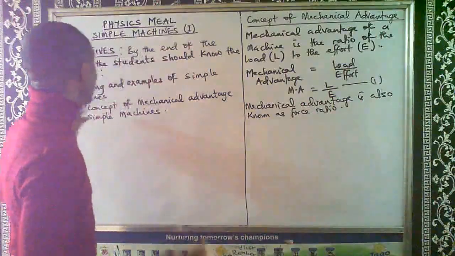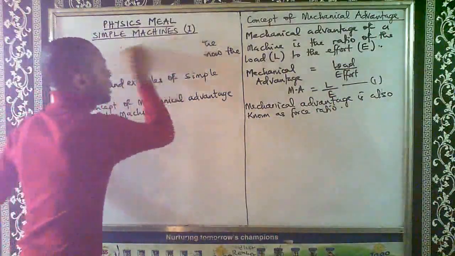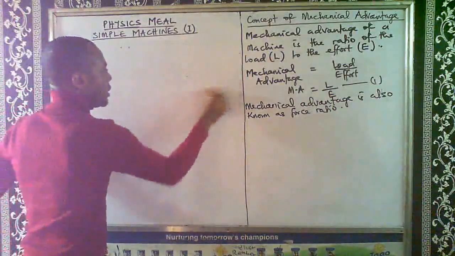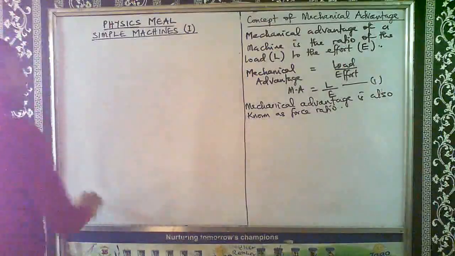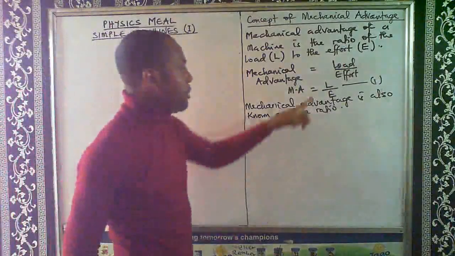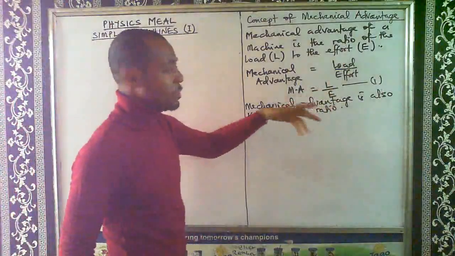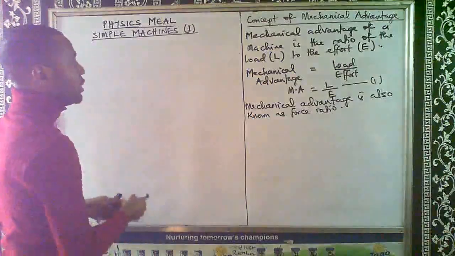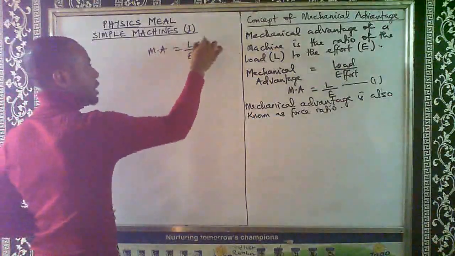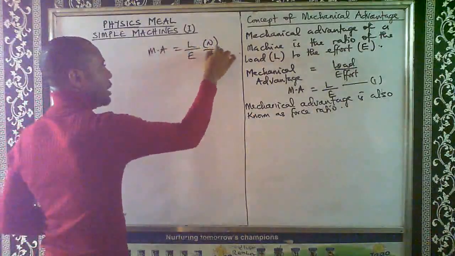Now, mechanical advantage has no unit. What do we mean by that? It's dimensionless. You remember, load is a force and it's measured in Newton. So if we now have MA as load over effort, that's Newton divided by Newton.